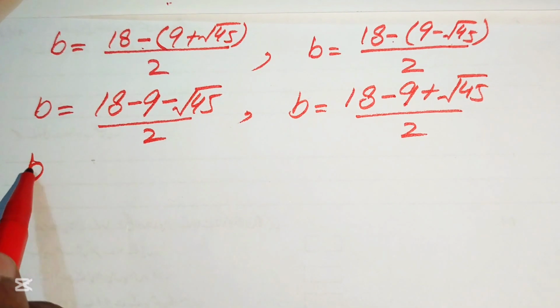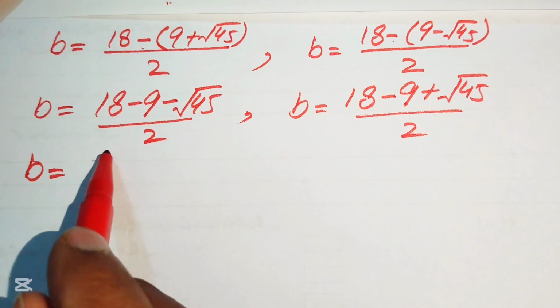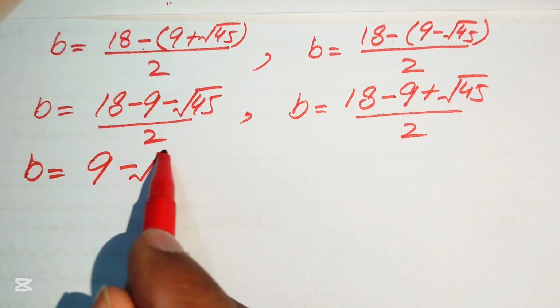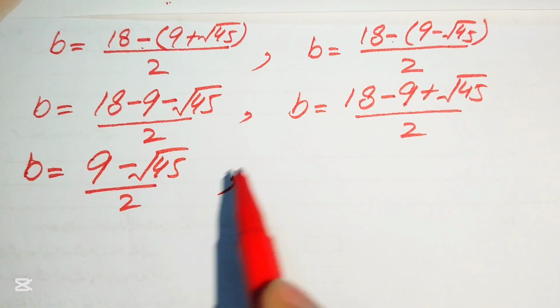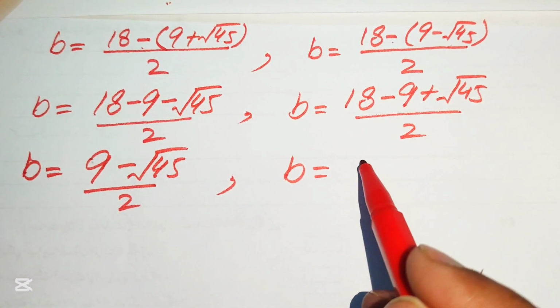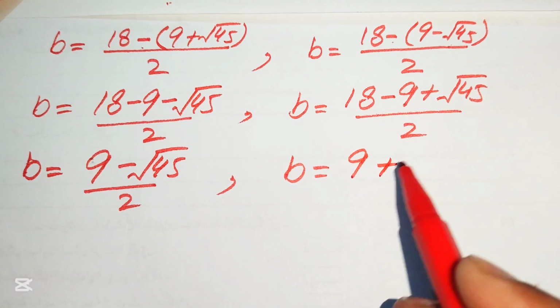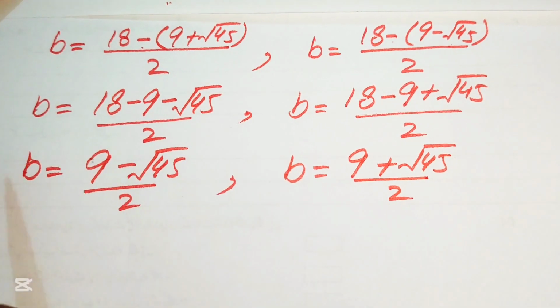And now you see we have b equals 18 minus 9, and 18 minus 9 equals 9 minus square root of 45 divided by 2. And similarly in that case we have b equals 18 minus 9 is 9 plus square root of 45 divided by 2.